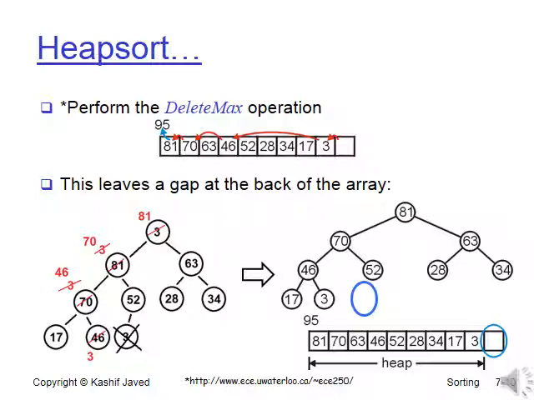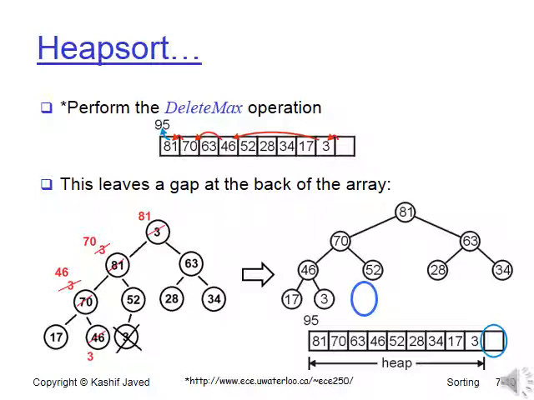Now 3, once at the root node, will get swapped by number 81 since 81 is larger than 63. Number 3 once again will be swapped by 70 since 70 is larger than 52.